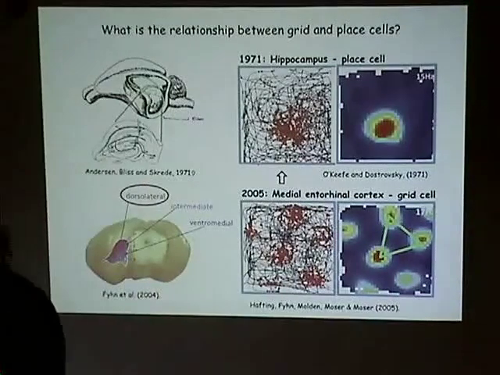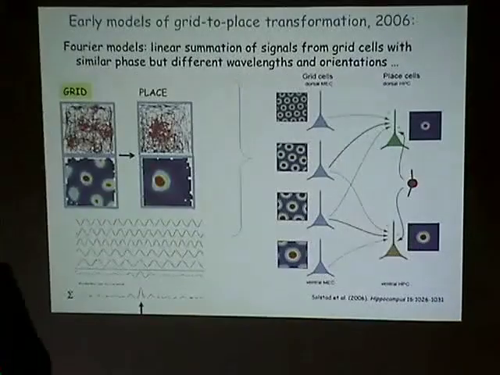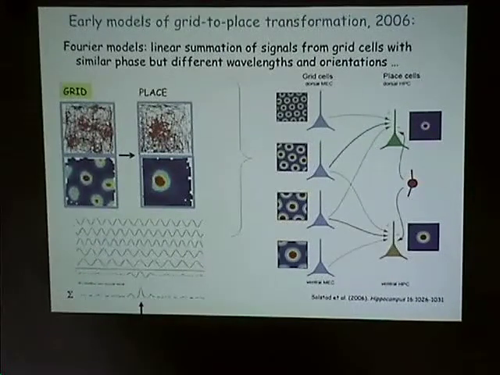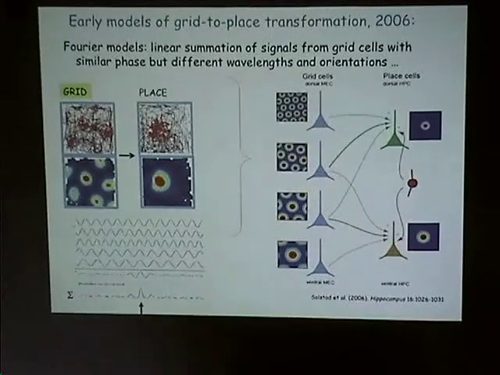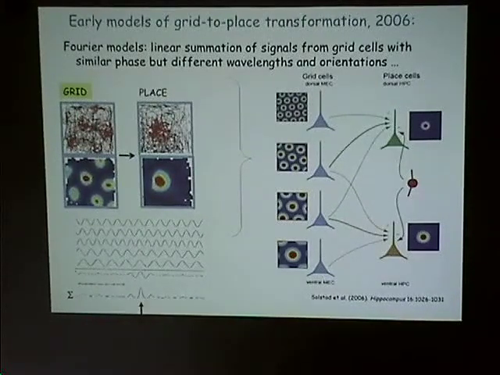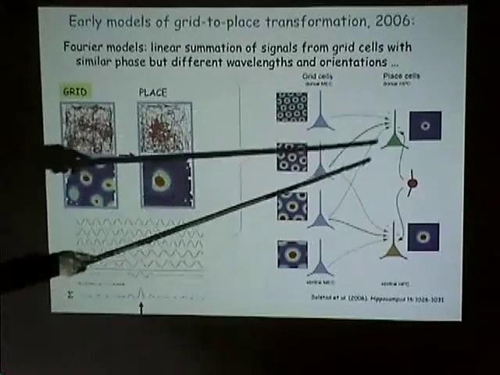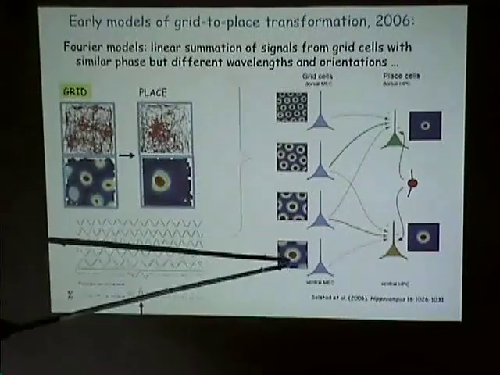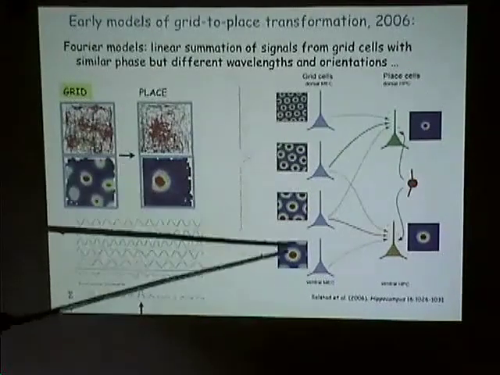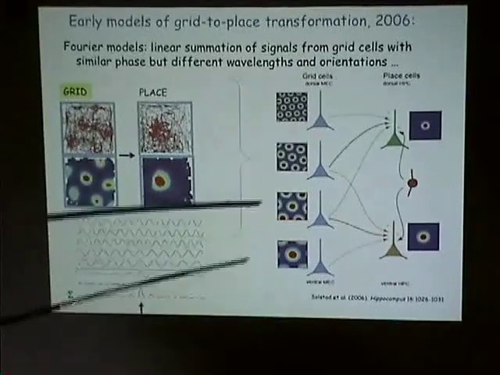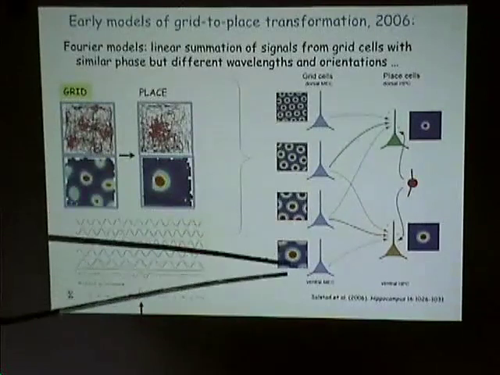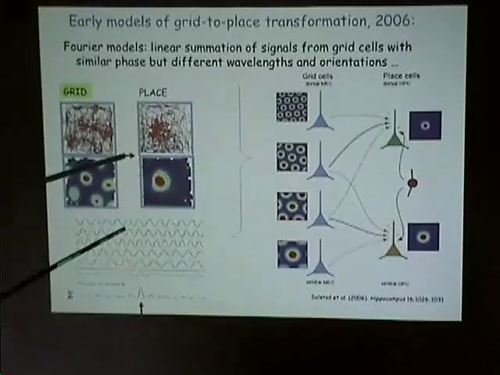So this led us and others to suggest that the place cells arise as a result of some sort of transformation, Fourier transformation, where place cells are generated simply by a summation of inputs from grid cells of different wavelengths, but with a common central or overlapping phase, and then also differences in orientation.